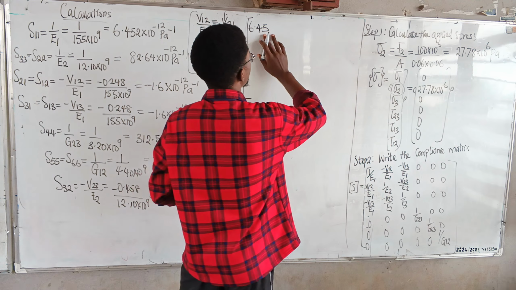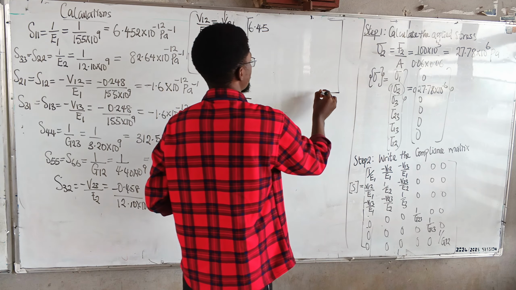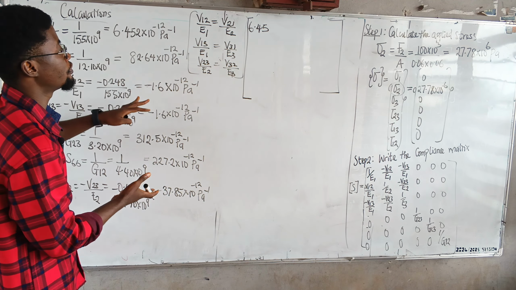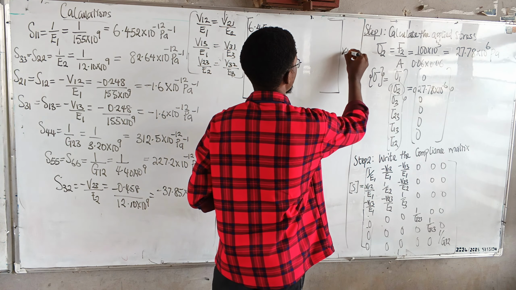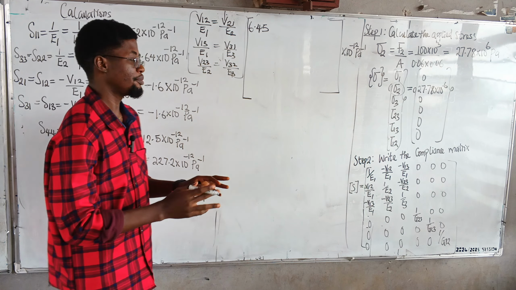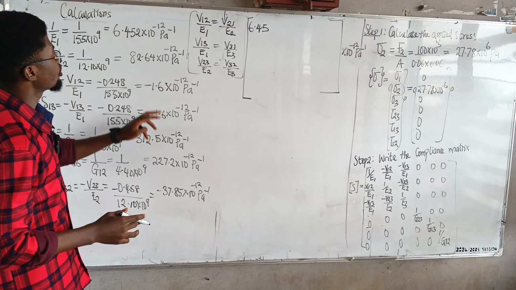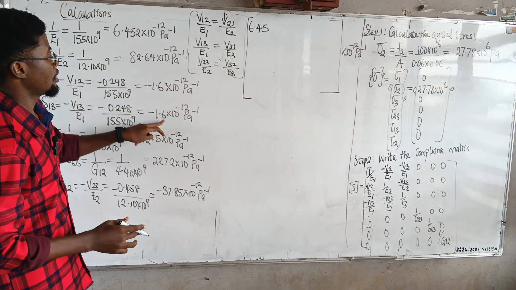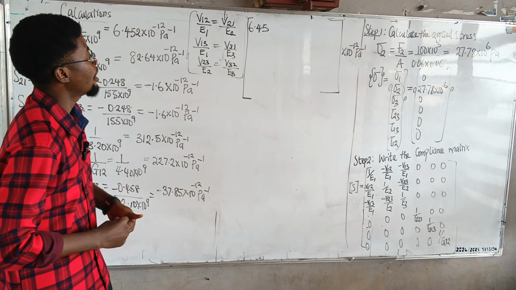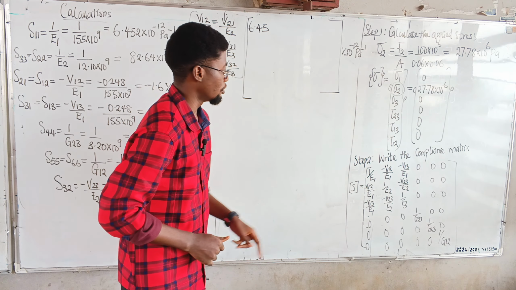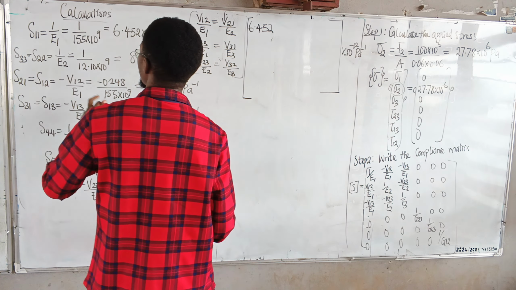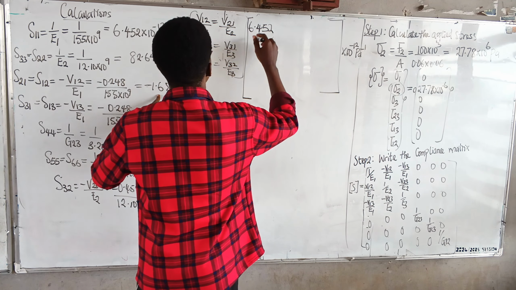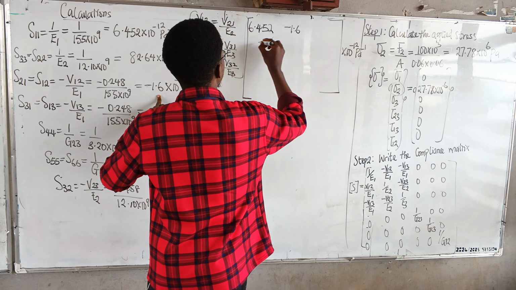All of them are times 10 to the minus 12, so I can choose to group all of them and at the back of my matrix put times 10 to the minus 12. Why? Because all of them now have the same power. So I can just write the values I have here. So I have S11, 1 over E1, is 6.452. This one, we quickly do that, you have minus 1.6.